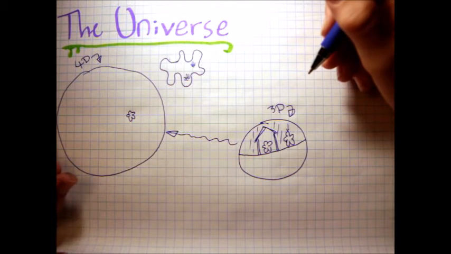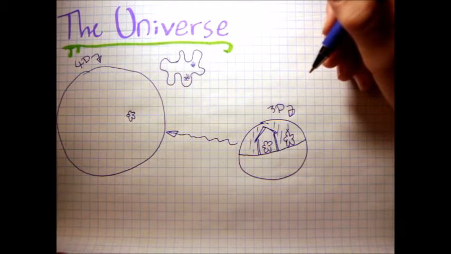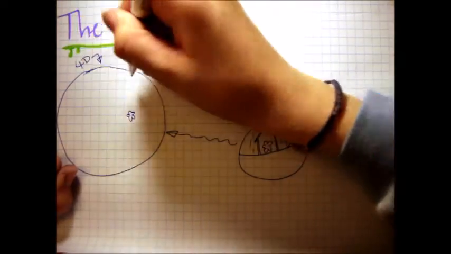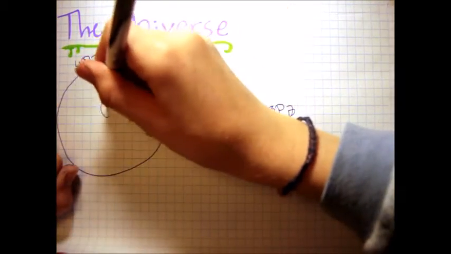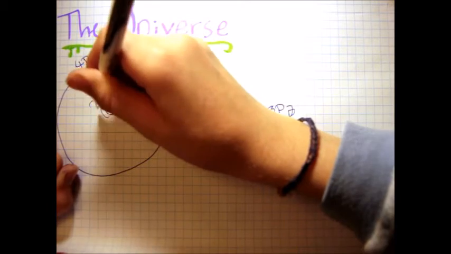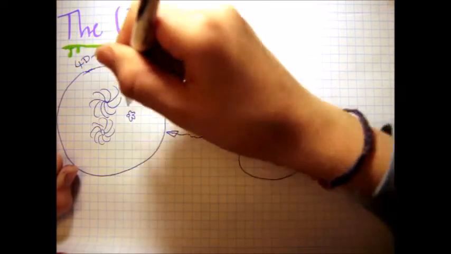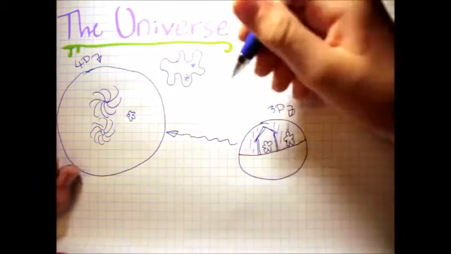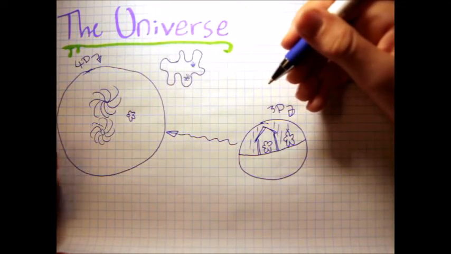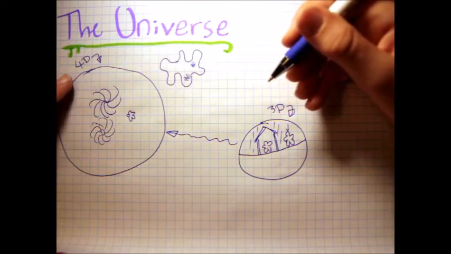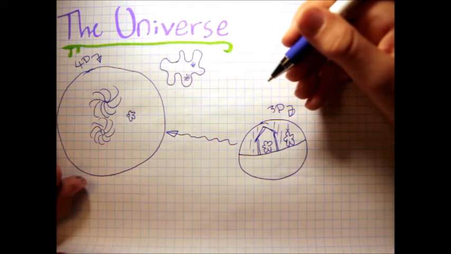This may seem impossible, and well, it does seem impossible, but it's not. There are galaxies, solar systems, all those things. That is basically our universe. So we are the 3D people living on the surface of the 4D sphere.